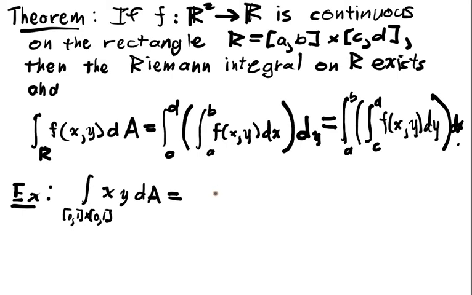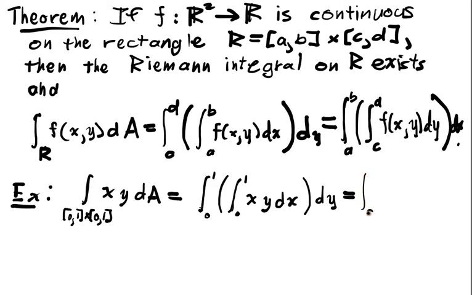So first, let's integrate over x slices. So the integral from 0 to 1, the integral from 0 to 1, so we'll leave y fixed. So this is xy dx, and I have a dy out here. Well, inside of this guy, y is fixed. So this is equal to the integral from 0 to 1, y times the integral from 0 to 1, x dx. That's a dx, sorry. Dy out here.